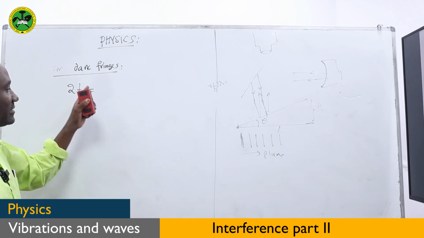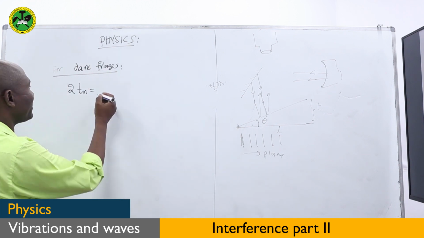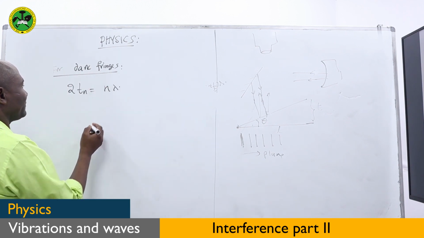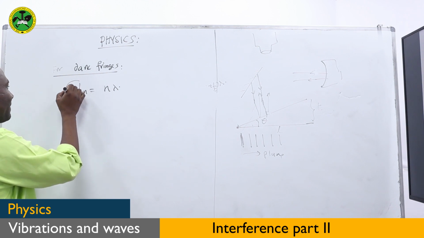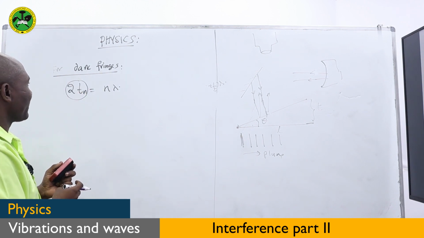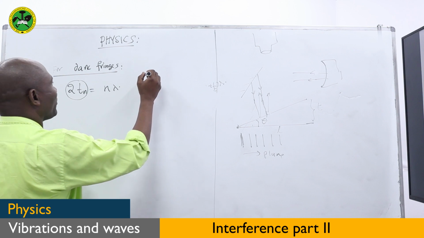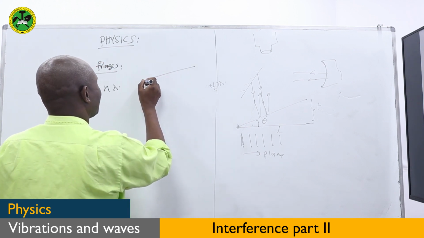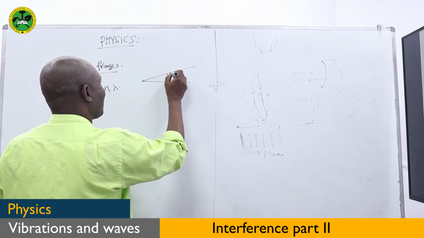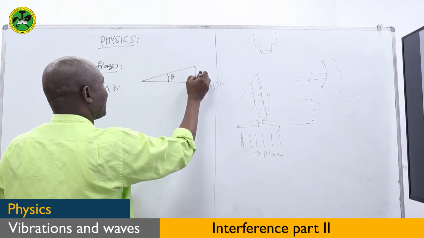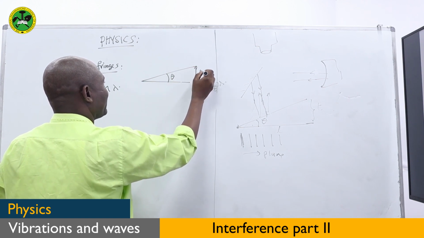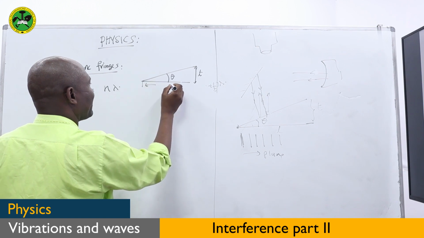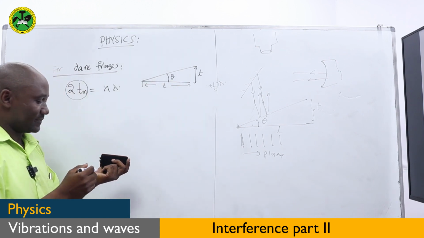For the dark fringes, since this is the first image, so the formula will be lambda. And that here, that's the path difference. From here, we know that this is angle. This is the length of the material which we talk of t. This is the length of the plate.